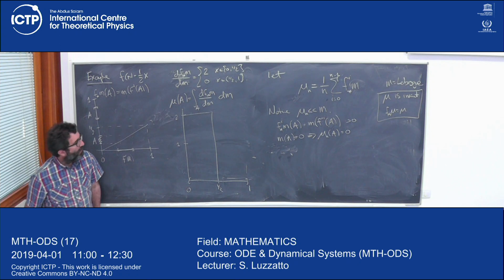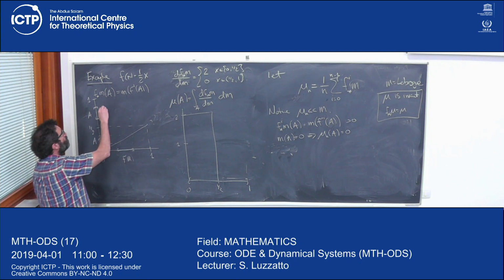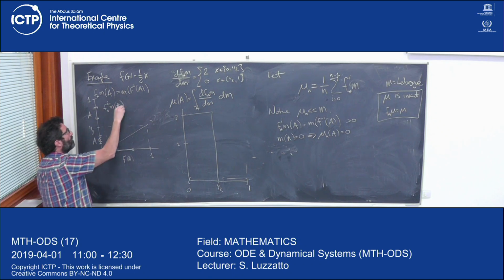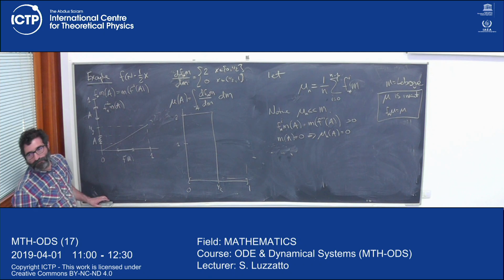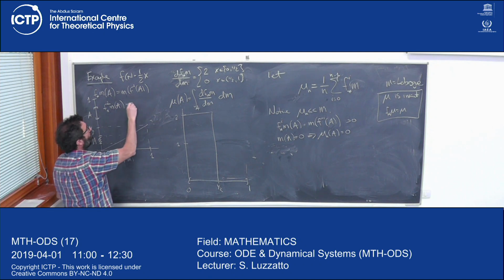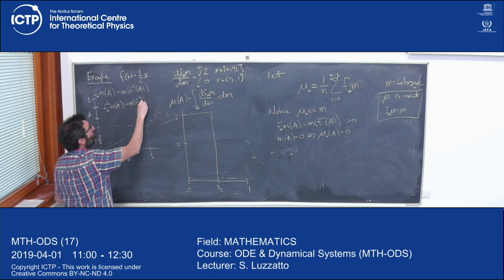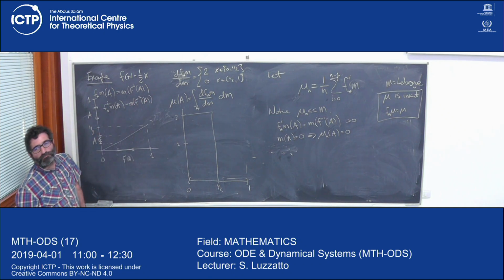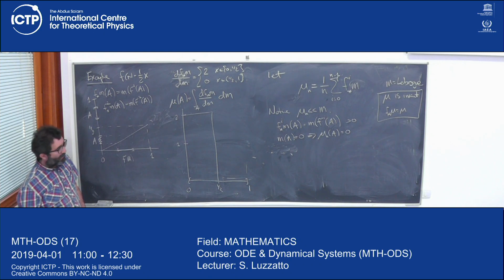Now, what about the density of f star 2 n? What about the measure f2 star n? What does it look like? So this is equal to m of f minus 2 of A. That's right.